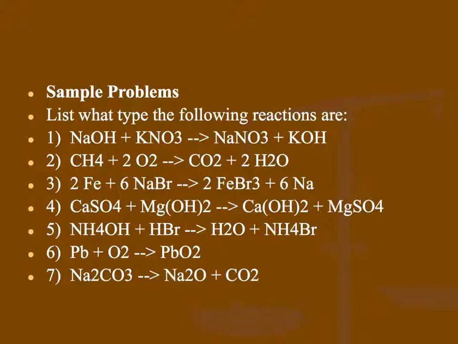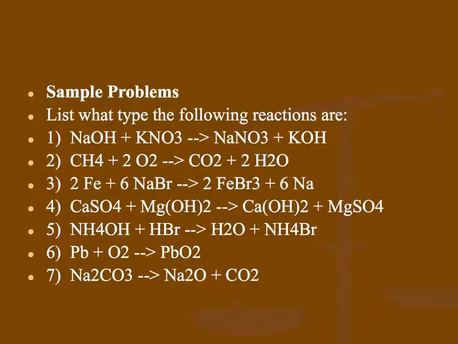Well, let's see how you did. Number 1, we have NaOH plus KNO3 yields NaNO3 plus KOH. On this, we have two chemical compounds as reactants and two completely different chemical compounds as products. And notice that all we have done is take our potassium and sodium and trade places.